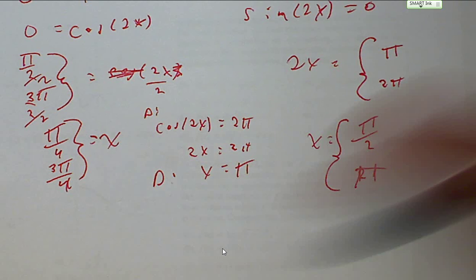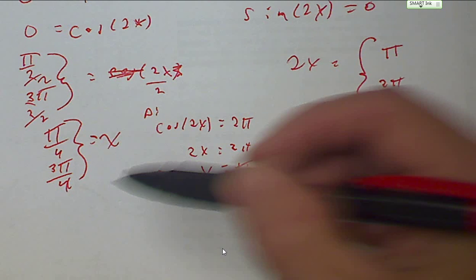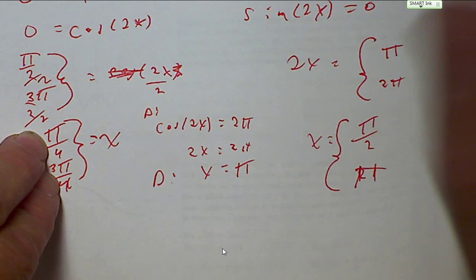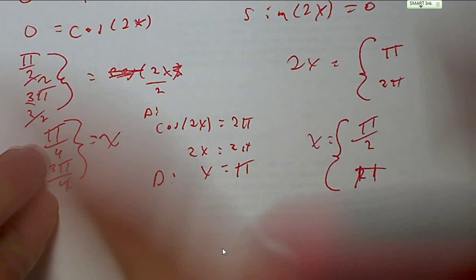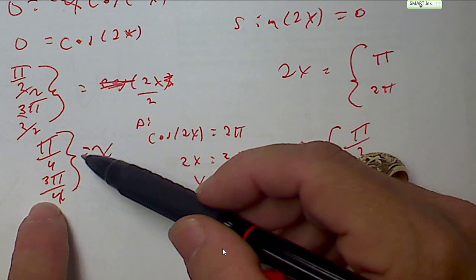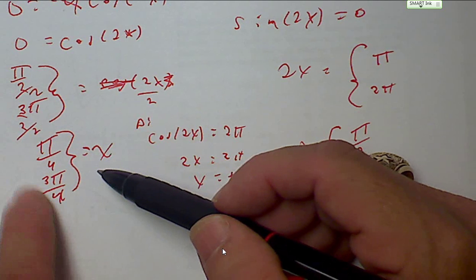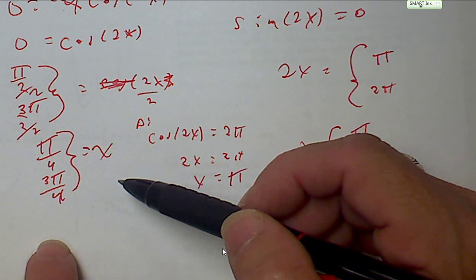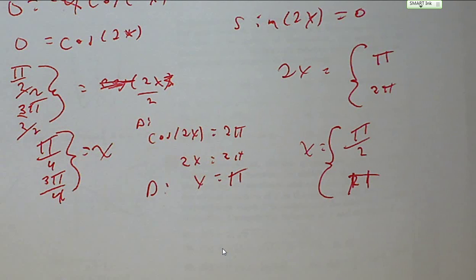So I need to make another trip around the circle. Since we're going from 0 to 2 pi, we have to deal with the fact these guys are going to show up again. So, it was 7 pi over 4, you said? Yeah, that's right. I want to make sure I'm not lying to you guys here. Yeah, because 7 pi over 4 is going to take us back to pi over 4.